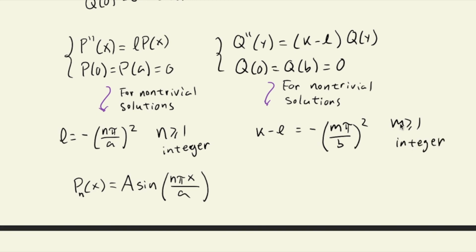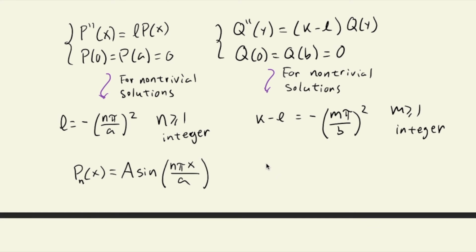And I'm calling it m instead of n because these integers don't have to be the same. So I want to use a different name. Right? And then qn of y is going to be equal to, maybe I can put an an here. I don't think it's going to matter. Maybe bn sine of m pi y over b. Okay, so we found P and we found Q.